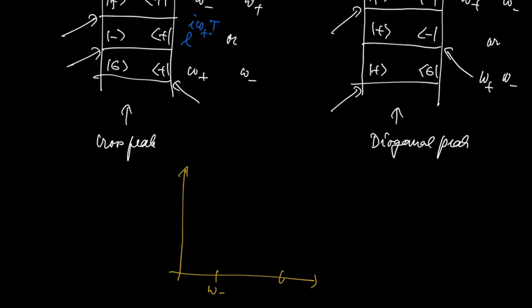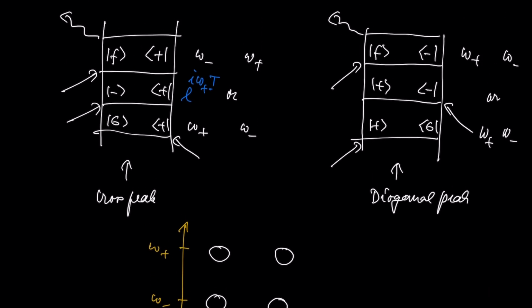So we have again the frequencies as before. We have these 4 spectral positions to which these pathways contribute, and we can see that, for instance, for the minus minus situation, that's a diagonal peak.